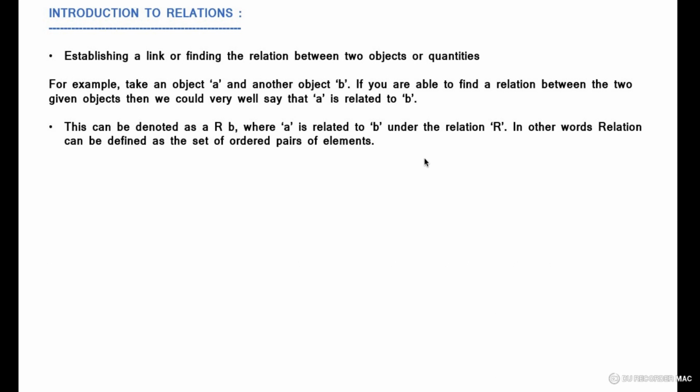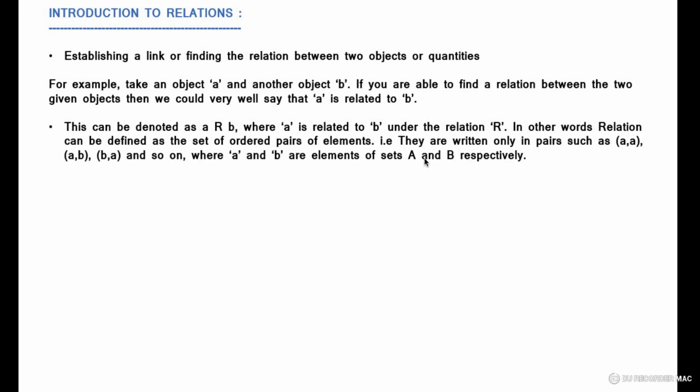What is a relation? It is nothing but the set of ordered pairs of elements. A relation is always written only in pairs such as (a, a), (a, b), (b, a), and so on. Here a and b are two different elements, maybe from the same set or from different sets.